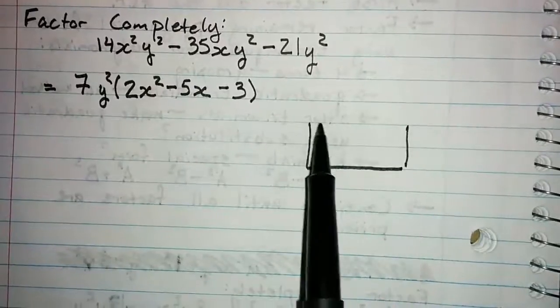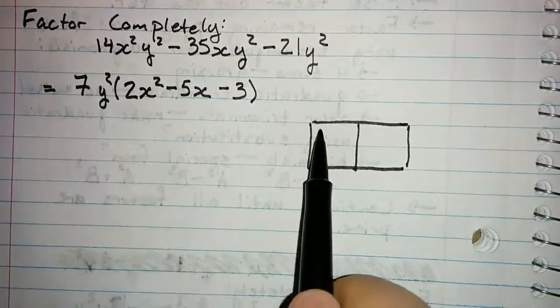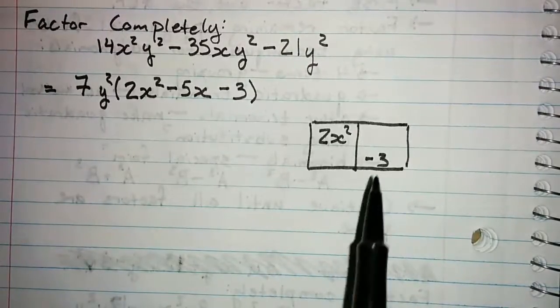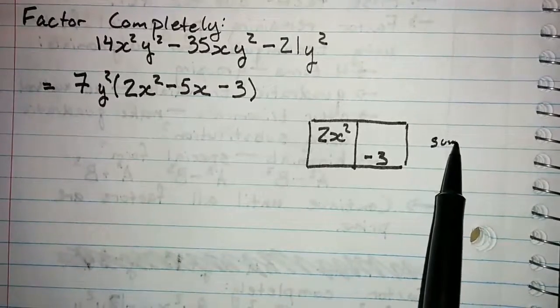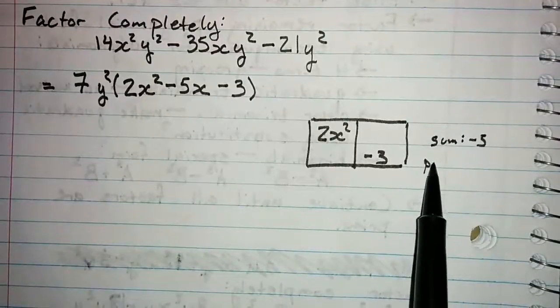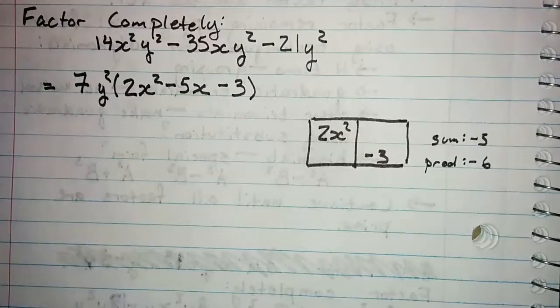We want to factor this trinomial using the AC method. We'll have a 2x squared, that's for sure, and a negative 3. Now we want two numbers whose sum is negative 5 and whose product is negative 6.